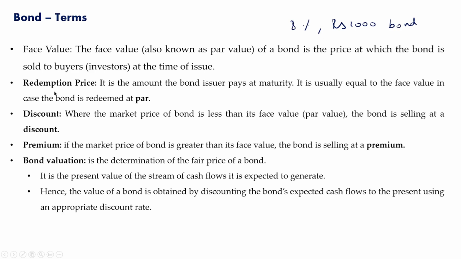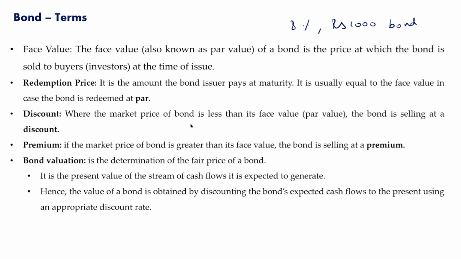And then we have the redemption price. It is the amount the bond issuer pays at maturity. So the redemption price is the price which the bond issuer has to pay to the investor at the time of maturity. It is equal to the face value if the bond is redeemed at par. The next one is discount.